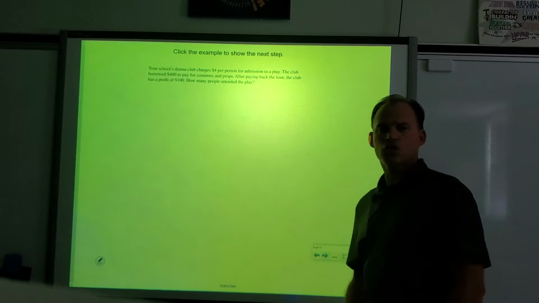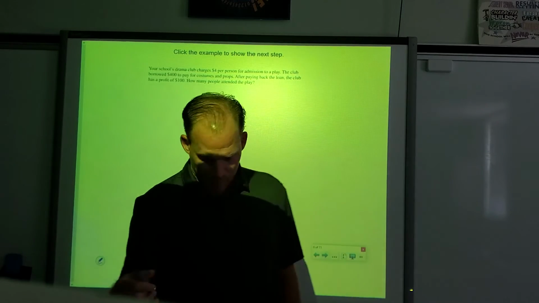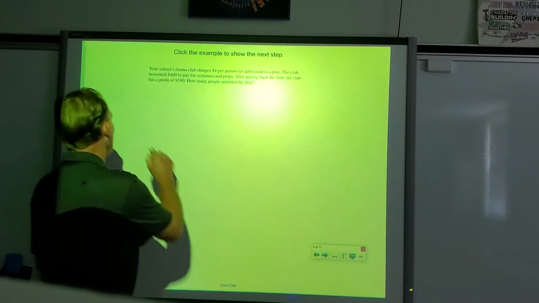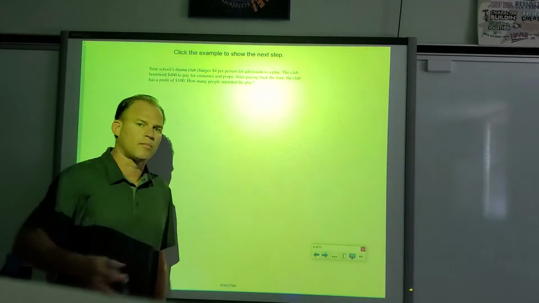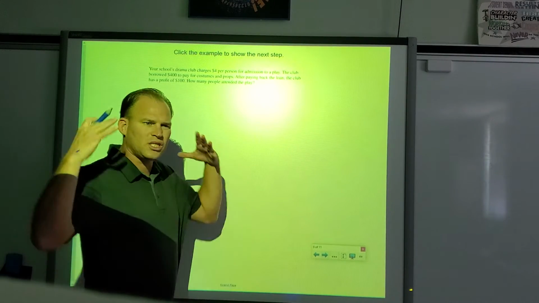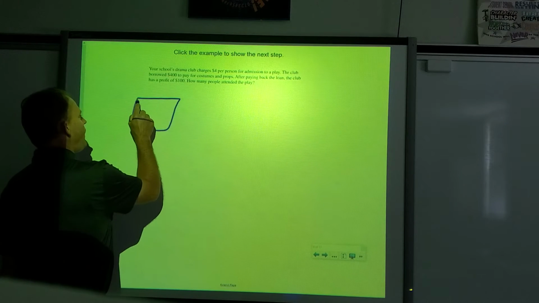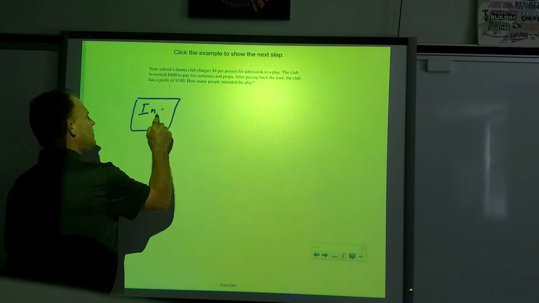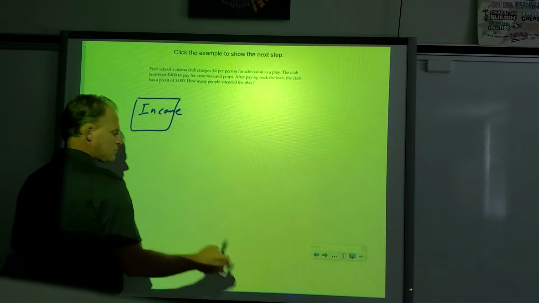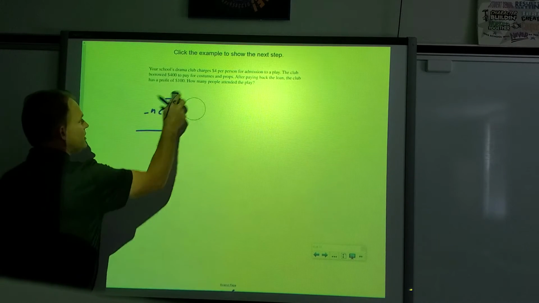So what kind of strategy? Again, think about the problem. How does real life work? Well, I'm not even going to start with numbers, variables, or letters. I'm going to start with just kind of thinking. I've got my income. That looks terrible and you probably can't read it, so let's do this again.